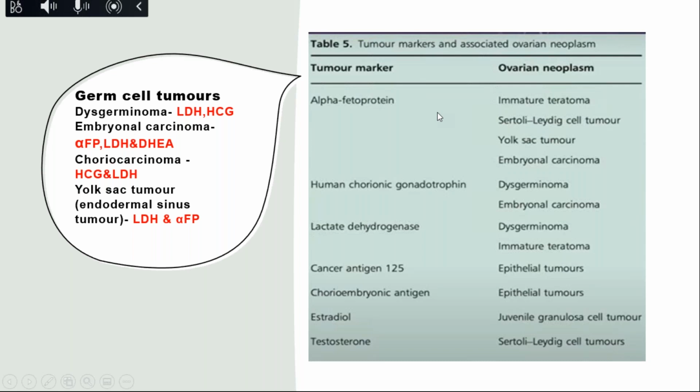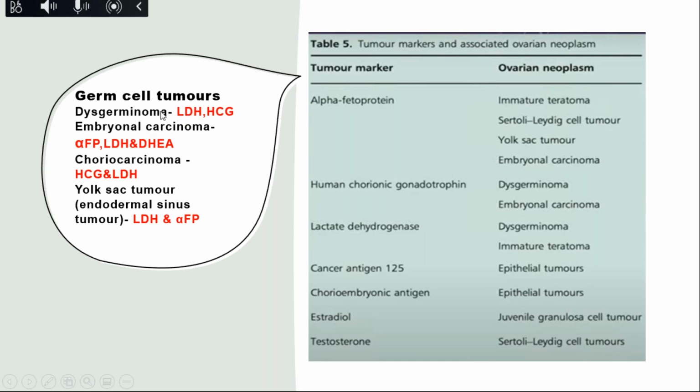So now the most important chart of this talk. I have taken this chart from the previous talk related to ovarian cancer. It is not in this talk, but you have to remember all the tumor markers related to the non-epithelial ovarian cancers. For germ cell tumors, they have written the table with the tumor markers first and then the name of the ovarian neoplasm, but I have written it according to the name of the tumor so that you can remember.